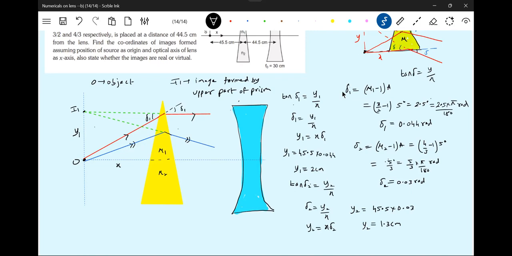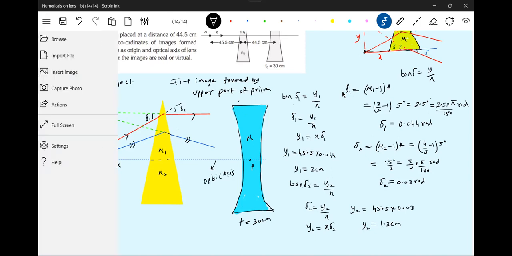They will become objects for this lens here. I1 and I2 will become objects here. The corresponding images we have to find out, but they are not on the optic axis. This is the optic axis. Initial part is what our mathematics is; first what we did is only the mathematical part.